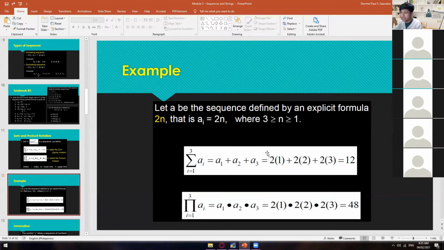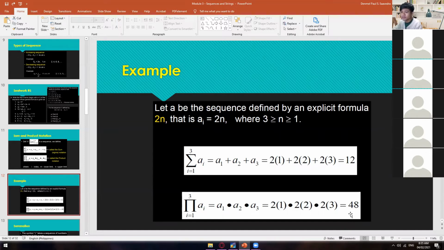So this is the summation total of this given formula, which is 12. And then for the product, or geometric, instead of addition, just make it into multiplication. So 2 times 1 times 2 times 2 times 2 times 3 is equal to 48.